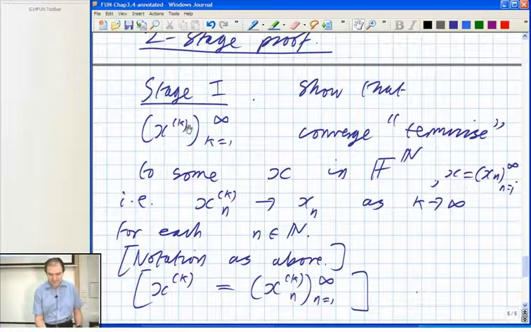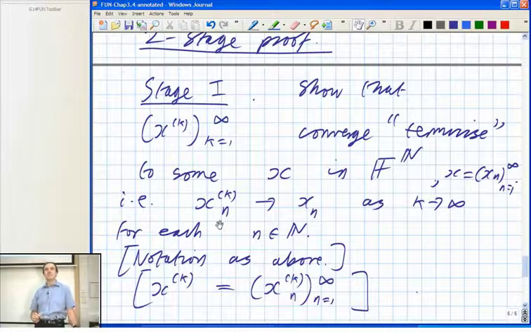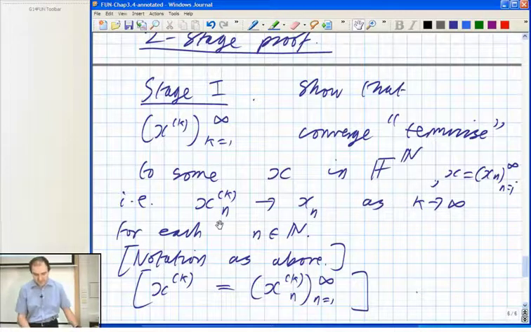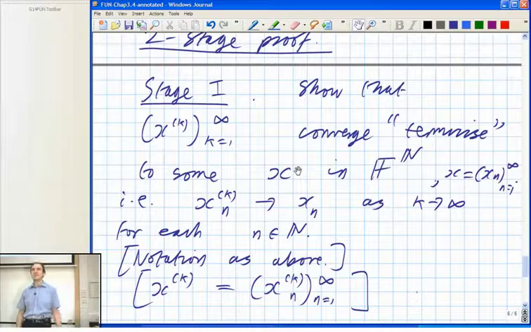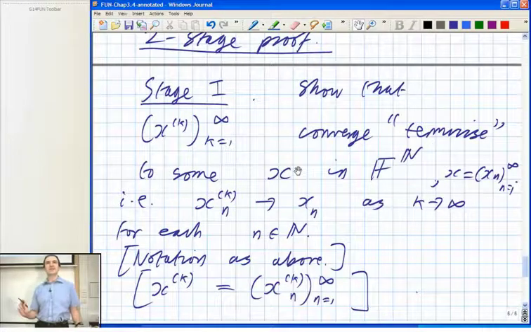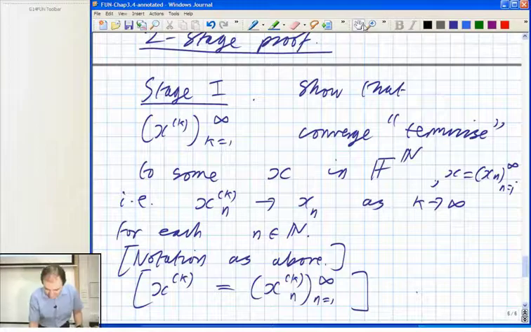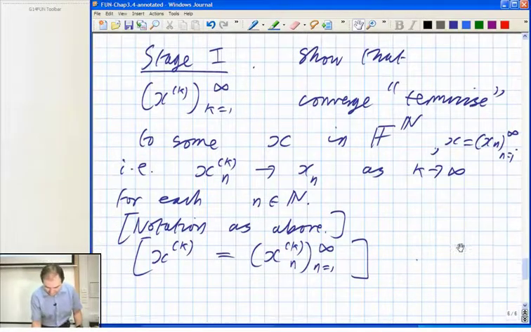Each x^(k) is a sequence, so each x^(k) has got terms x^(k)_n. And now if you take any particular natural number n and let k vary, I'm going to claim that x^(k)_n is a convergent sequence and it converges to something which we call x_n, and then you put those x_n's together to make a sequence x. Does that make sense? Okay? So that's our notation for this stage.